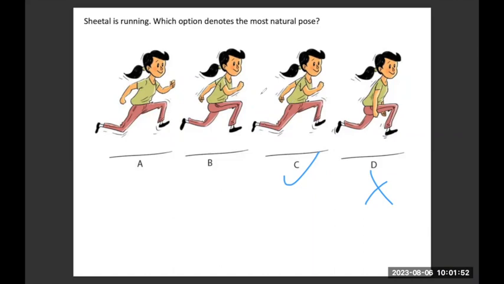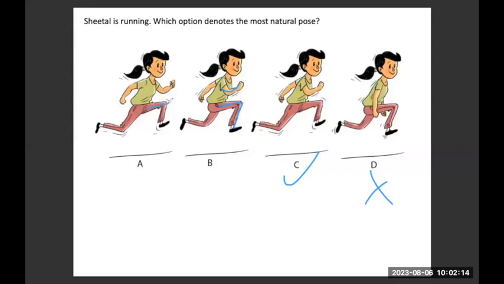With A, B, and C, just look at the hand-leg coordination. When you're running, if your left leg is forward, your right hand is moving forward. It is an alternate position. In B, for example, her right leg is forward, and her right hand is also moving forward, which is not possible.